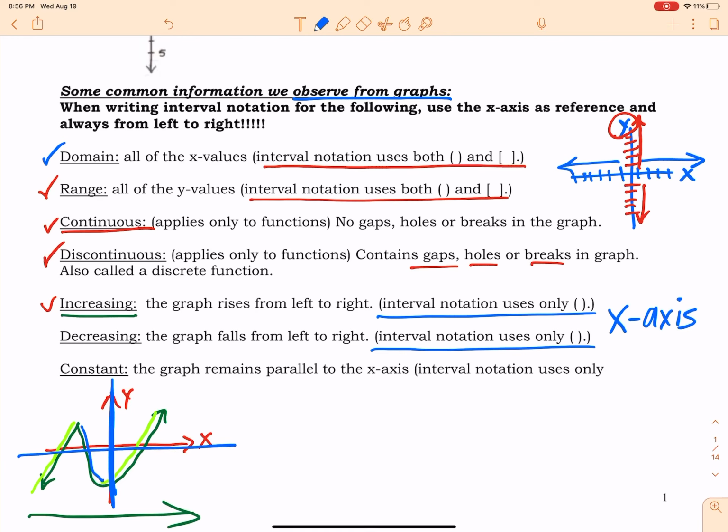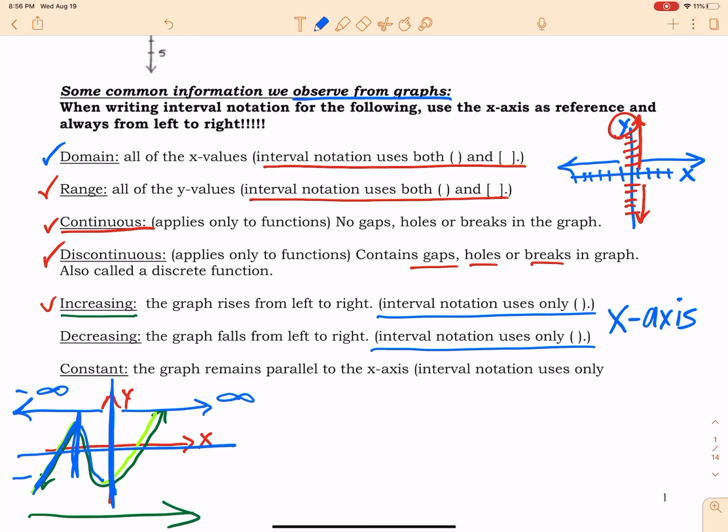So when you think about the x-axis, remember that the x-axis this way is negative infinity and this way is positive infinity. So this right here would be increasing from negative infinity all the way up to this x value right here. So we'll practice more with that, but that's just a general idea for you.